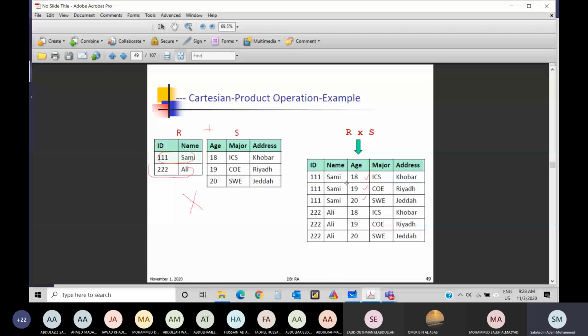And Sami is 18, and Sami is 19, and Sami is 20 years old. So the information you get here is garbage. It's so wrong. But we use this as an intermediate. We generate it, then later on we remove the bad ones, and then we get the final output out of it. So it's an intermediate step. Is that clear for you?